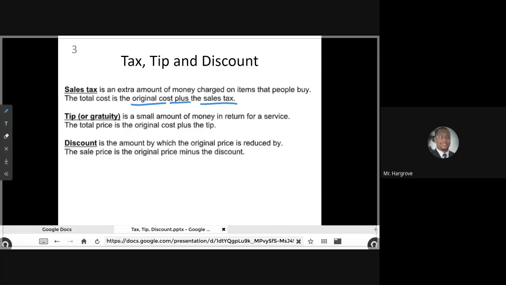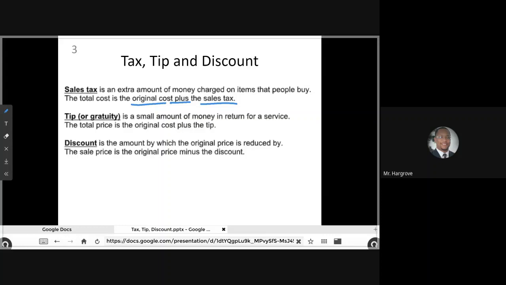Same is true when we move down to tip or gratuity. This is an amount of money in return for a service. So anytime services are rendered, a lot of times that service is going to be at a restaurant where a waiter waits on you, they render you a service. It is appropriate and proper standard to leave a tip for the waiter.